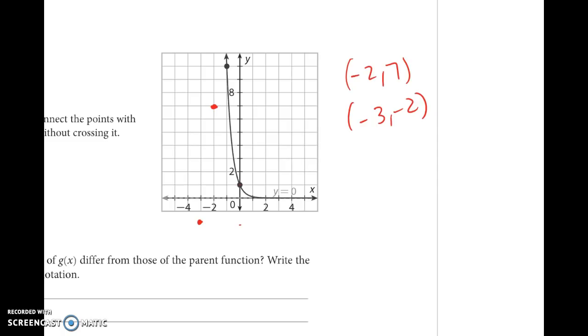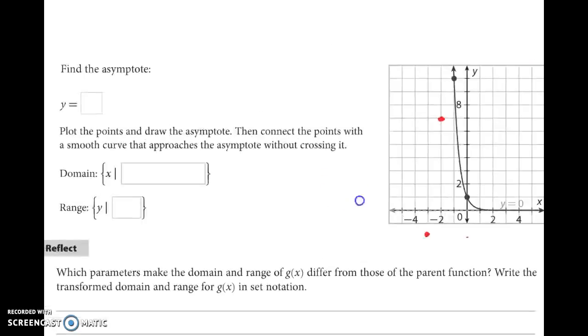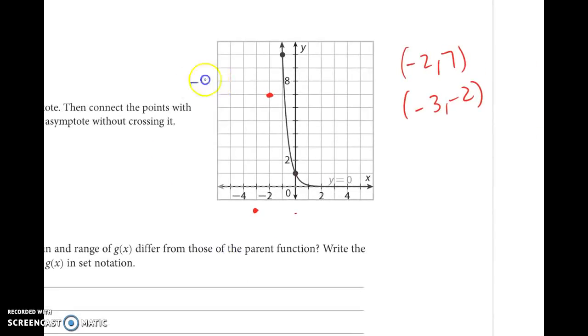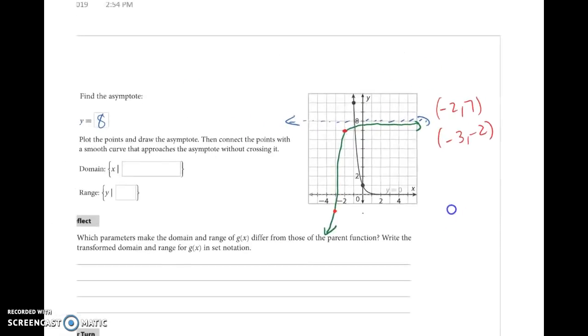My asymptote, I need to draw that in order to understand where this graph goes. Since k in my function was 8, my asymptote is y equals 8. So I have my asymptote here. I know that it's going to approach my asymptote but not cross it, and then shoot all the way down to that point there. So this is what my translated function looks like.